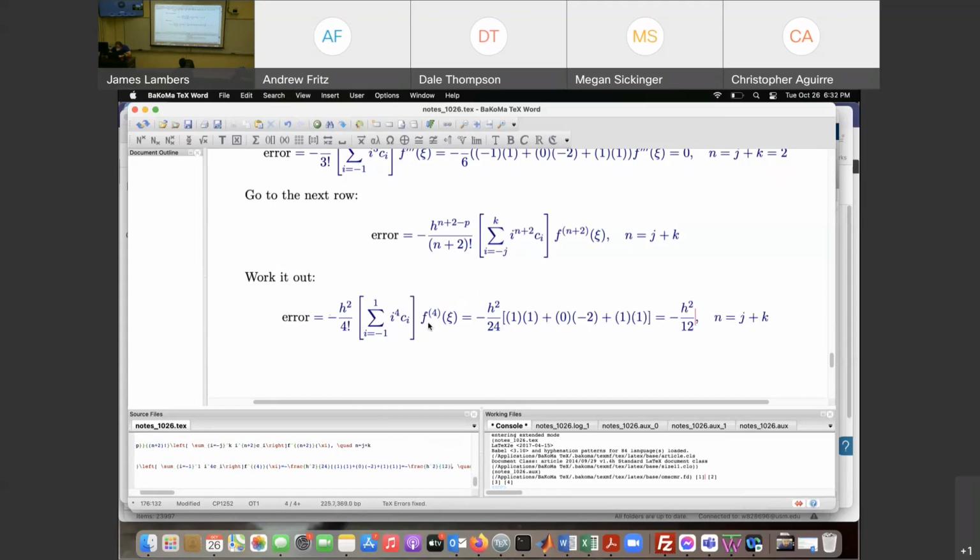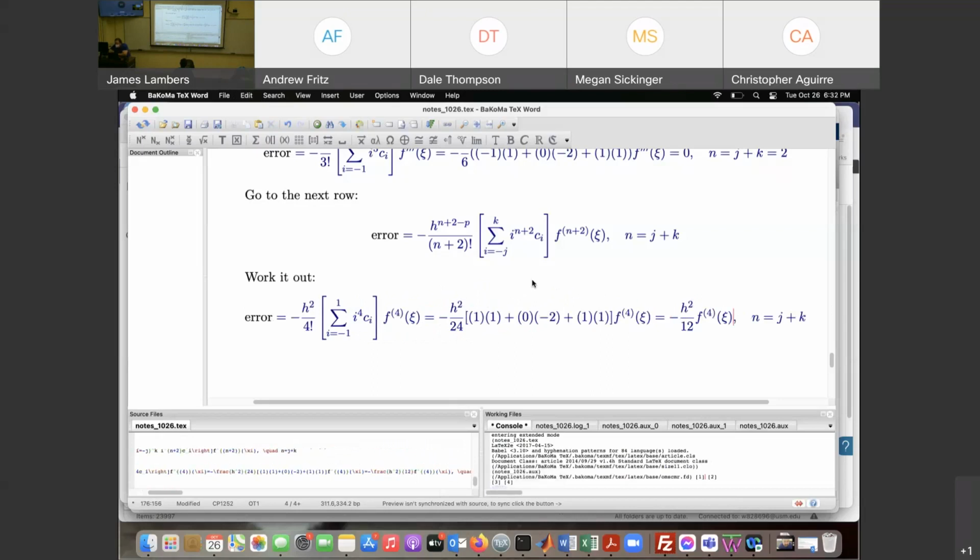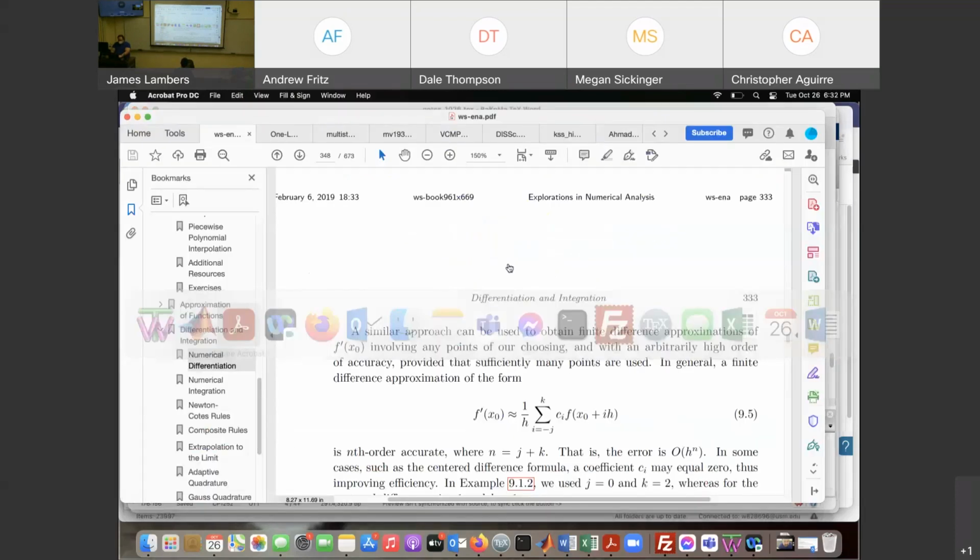Oh, I forgot the derivative. Okay. So we keep going through subsequent rows of the matrix until we get something that's non-zero. That is where the error term comes from in the most general case.